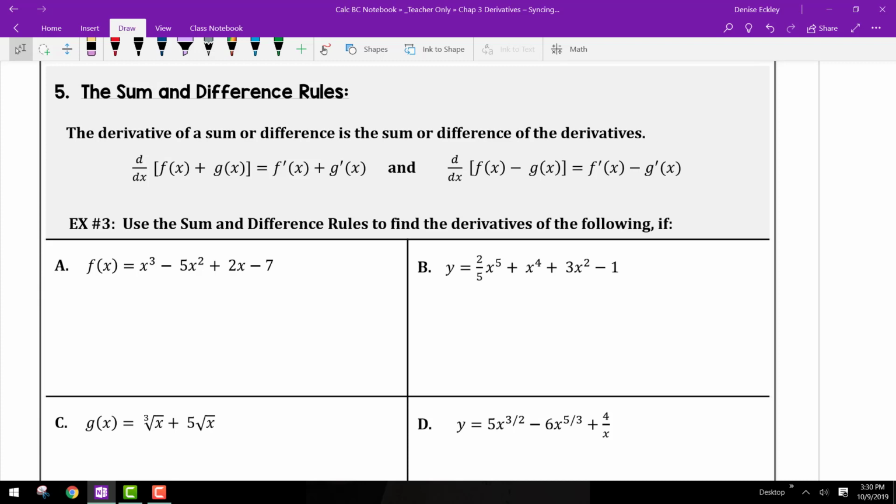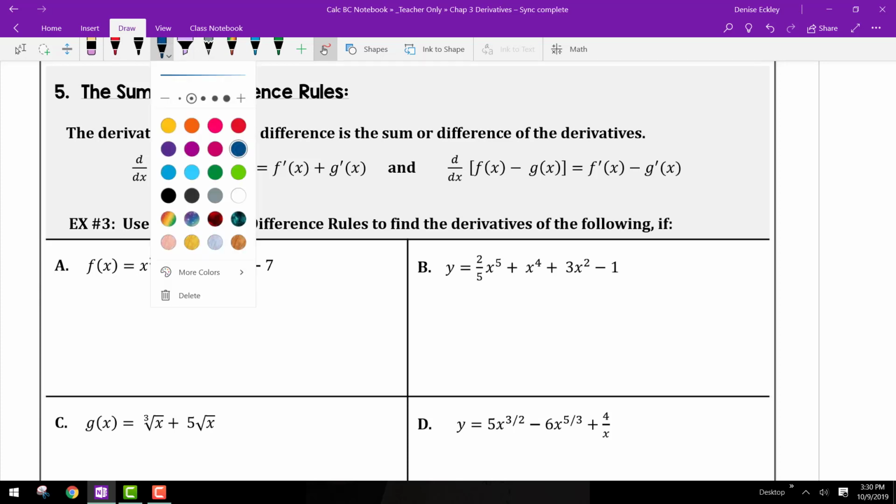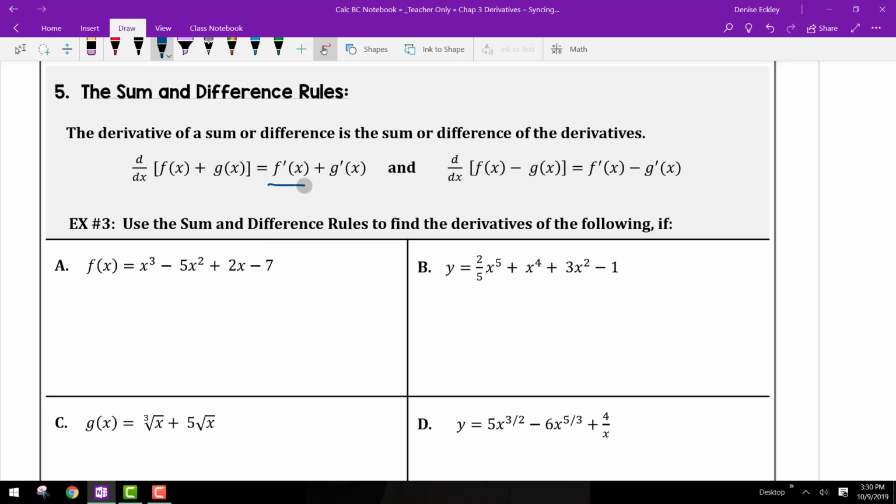So the derivative of a sum or a difference is simply going to be the derivative of the first plus the derivative of the second. And same with the subtraction. If you're subtracting two functions and taking the derivative, it'll be the derivative of the first minus the second. So that allows us, like in letter A, to take the derivative of several terms that are put together.